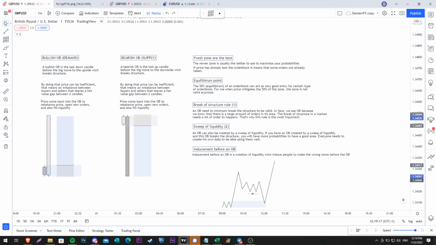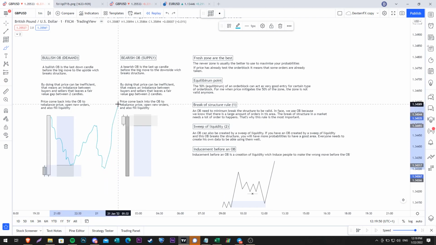So the 50% equilibrium of an order block can act as a very good entry for certain types of order block. For me, when price mitigates the 50% of the zone, it is not valid anymore to take an entry. So for example, if price comes back into this order block, mitigates here, and doesn't break the structure after coming back into the 50%, I can take a trade to sweep this liquidity.